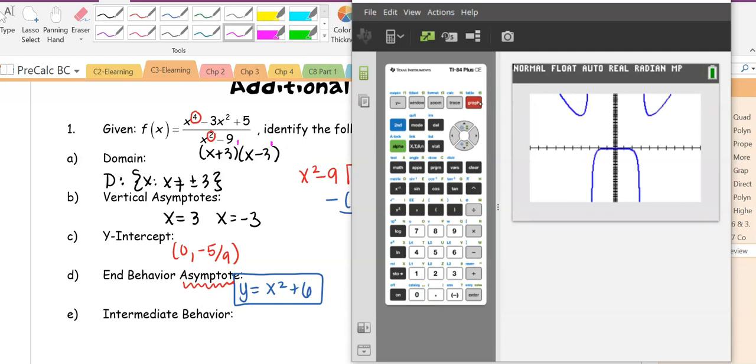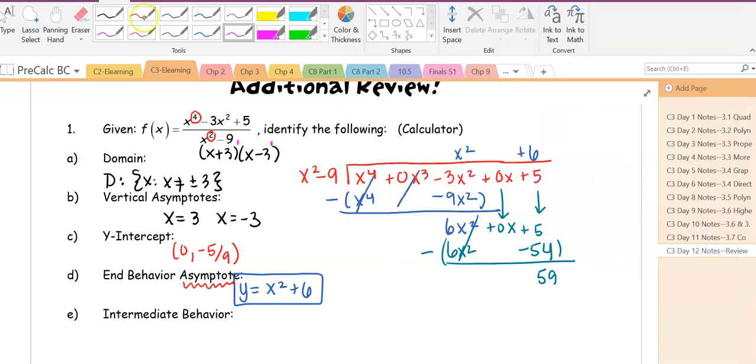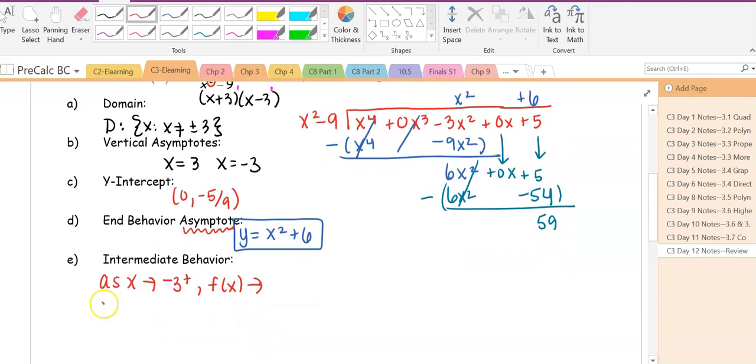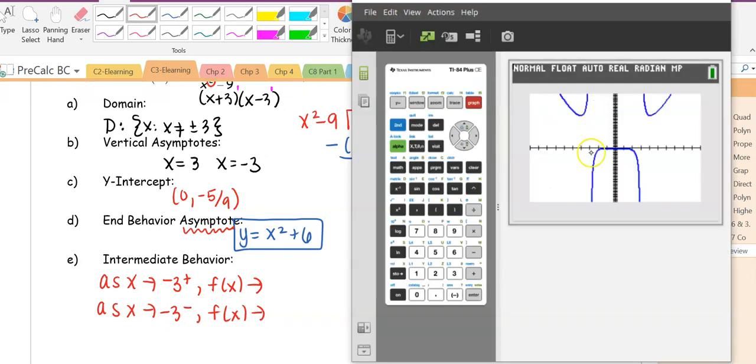All right, so now let's go ahead and set up our intermediate behavior. We have as x approaches, let's do negative 3 first from the right, f of x approaches, and as x approaches -3 from the left, f of x approaches. It doesn't matter which one you do first. So -3 is here.